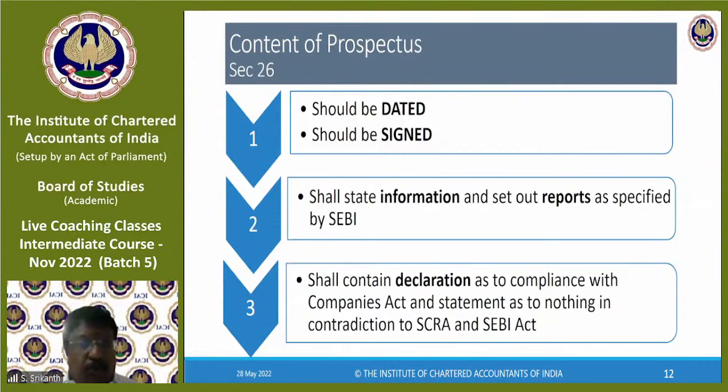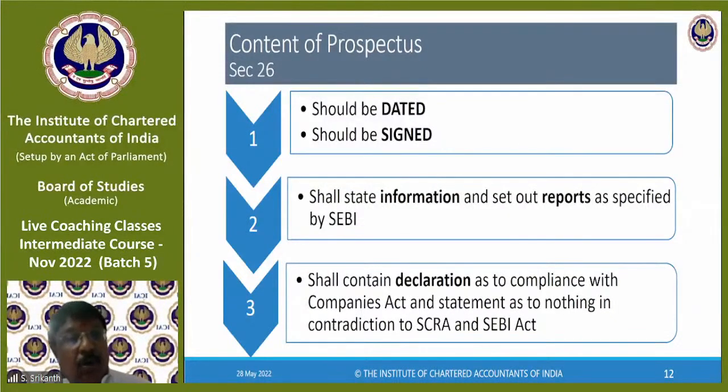So, if you want to become an expert in public issue, and you qualify the final exam, you will run into SEBI also. Then you should be in-depth in SEBI guidelines, in-depth in MCA. Even Companies Act, you are not very thorough. If you want to become a merchant banker, a reputed person in IPO, public issue and all that, then you should be in and out in SEBI guidelines. Latest SEBI guidelines should be on your fingertips.